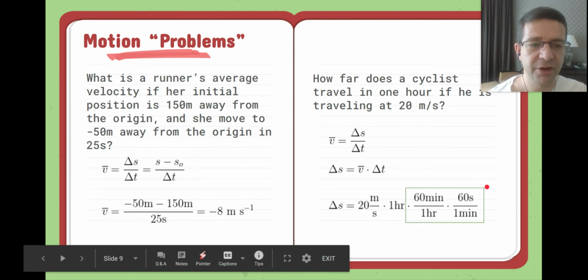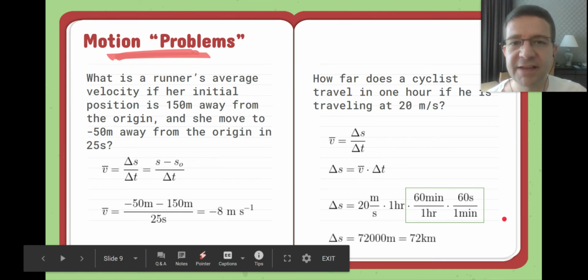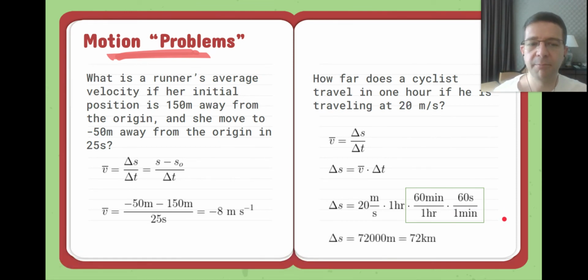But here we're also going to do a little unit conversion. 1 hour times 20 meters per second isn't going to really give us an answer that we can work with. So instead what we'll do is we'll multiply by 60 for the number of minutes in an hour and 60 for the number of seconds in a minute. And when we multiply all that out, we get 72,000 meters, or better stated as 72 kilometers.